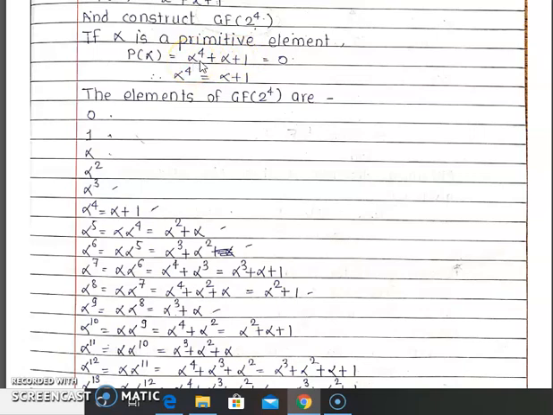Replacing x by alpha, alpha raised to 4 plus alpha plus 1 is equal to 0, so alpha raised to 4 is equal to alpha plus 1. Here no minus sign exists because in the Galois field plus and minus have the same parity.